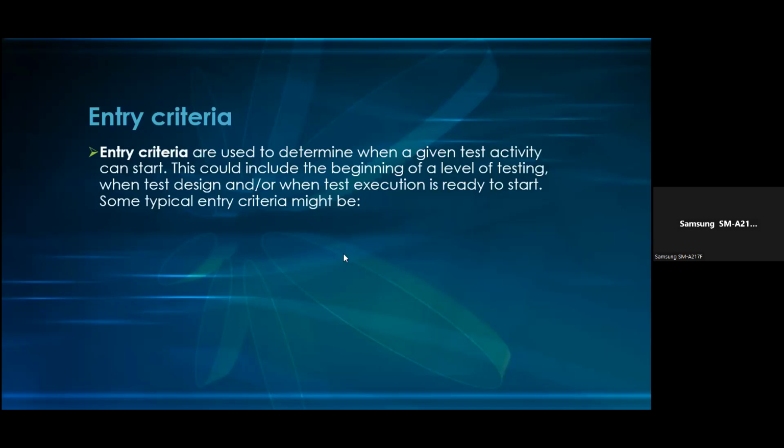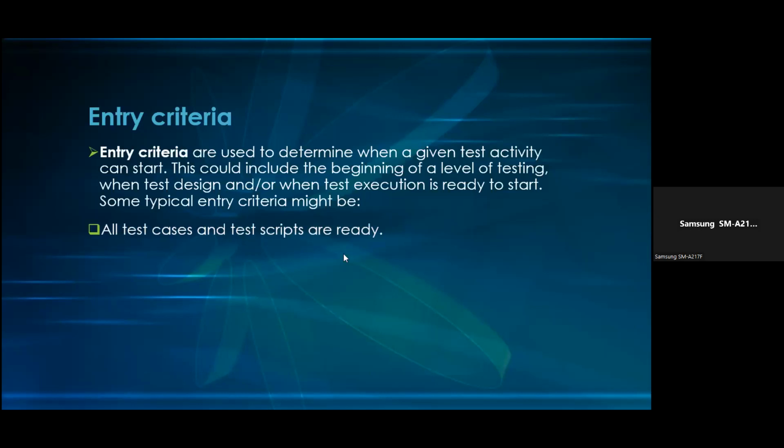So entry criteria are used to determine when a given test activity can start. This could include the beginning of the level of testing, when test design and test execution are ready to start. Some typical entry criteria might be: all test cases and test scripts are ready.